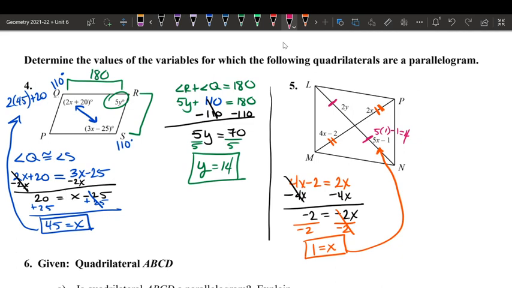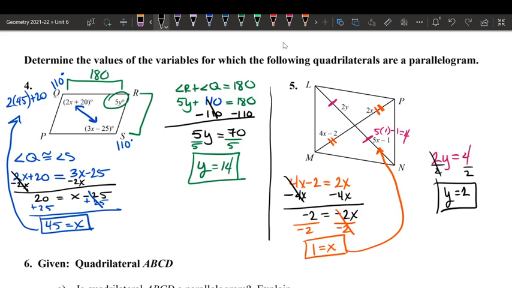And now I have another equation, because I'm going to set those two pieces equal. So 2y equals 4. And that's pretty easy. Just divide by 2. So y equals 2. So when there's more than one letter, you have to see which one you can solve for first, and then plug it in and solve for the other letter.